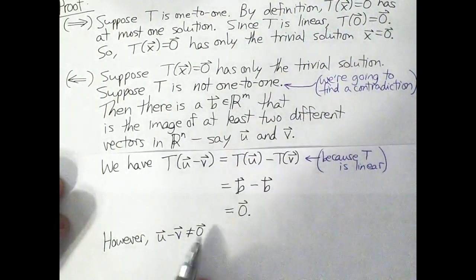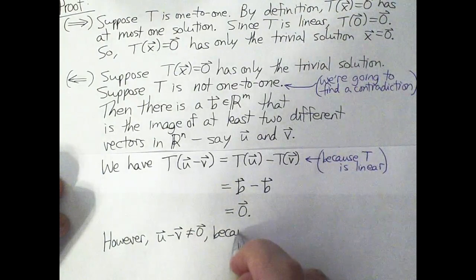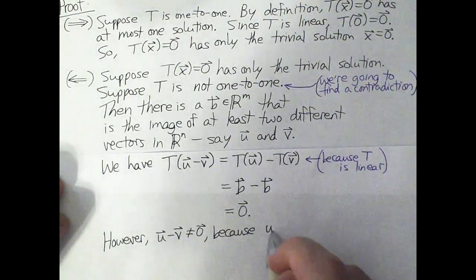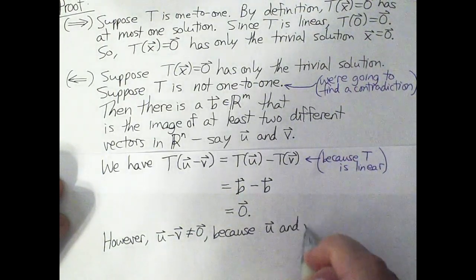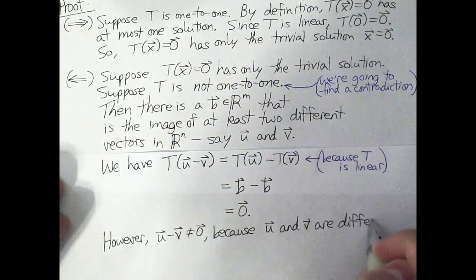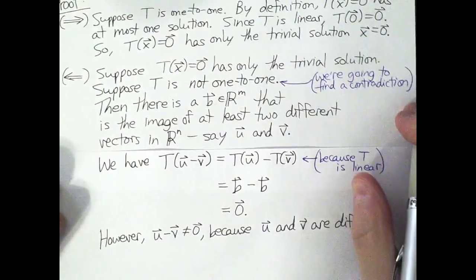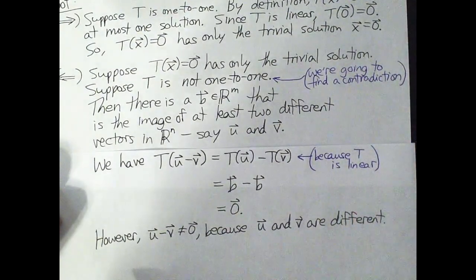How do I know that u minus v does not equal the 0 vector? It's because u and v are different. We said that they are two different vectors. So if I take their difference, I don't get the 0 vector.